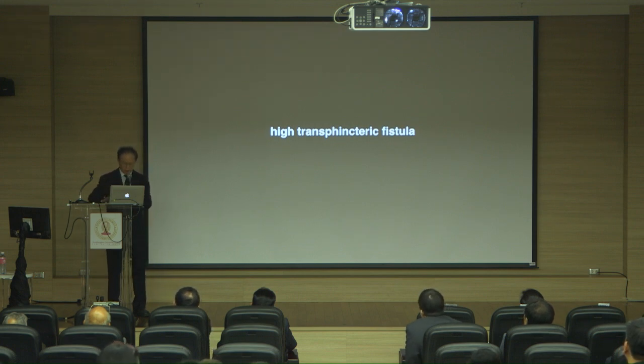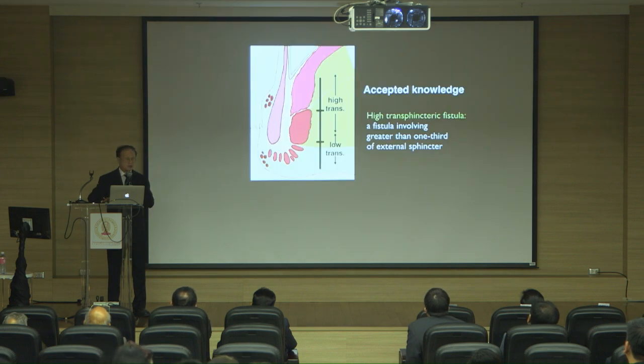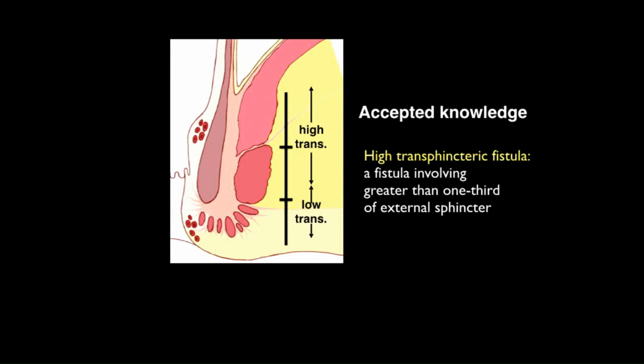This is the accepted knowledge: high is above one third of the total sphincter. This is everywhere in the books and the literature. But in fact, the subcutaneous sphincter is normally only at least 5 mm in height.